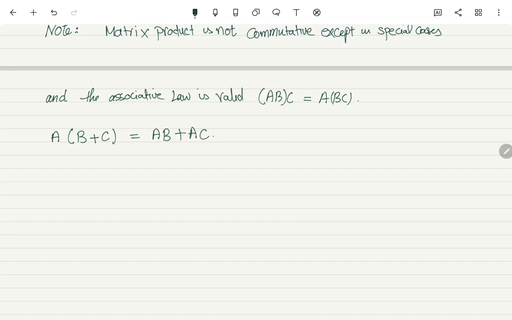Now the direct product, sometimes called the tensor product, is defined as follows.